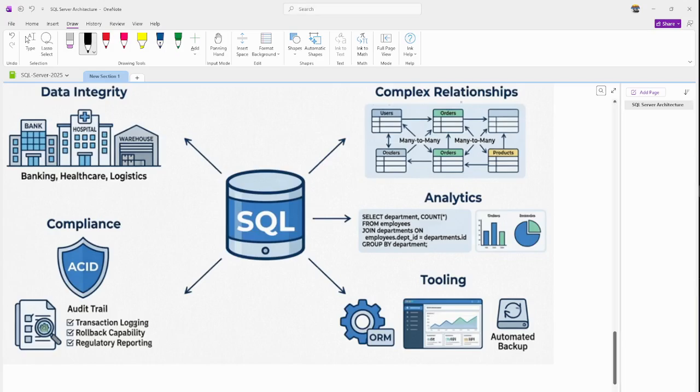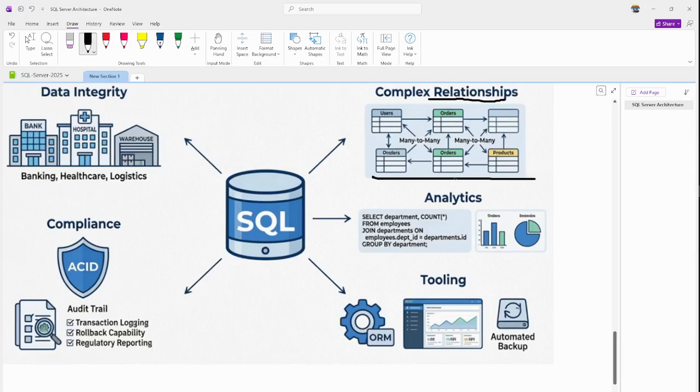Now you have something called complex relationships. When your data is highly interconnected, SQL databases allow you to link data tables together efficiently using joins. For example, in an e-commerce system you have customers, then orders, then products, then you will have a big inventory list.